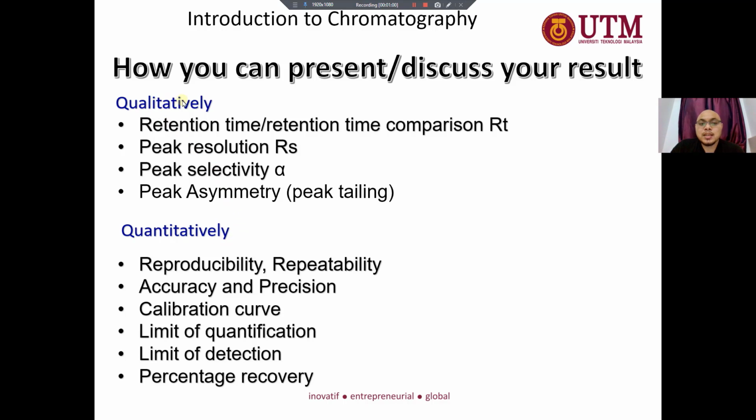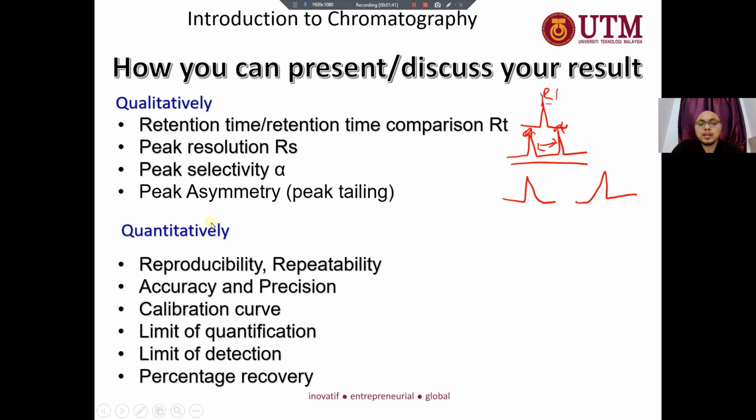In the qualitative analysis, you need to discuss the retention time, peak resolution, peak selectivity, and the peak asymmetry. I believe you all already know. The retention time, the peak resolution between peaks, and also the peak selectivity, alpha. If you have a tailing peak or a fronting peak, you need to describe it.